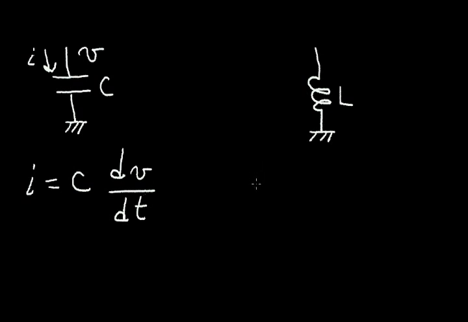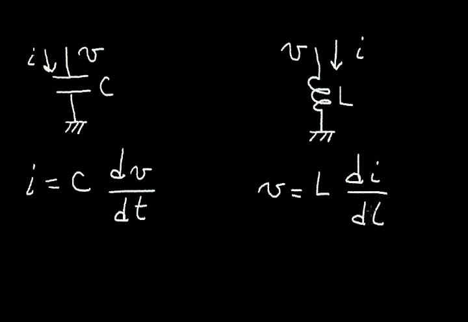If I take the inductor, I want to do a similar thing. I want to find an equation for the voltage across the inductor versus a current I through the inductor. The equation is V equals the inductance times dI/dt.